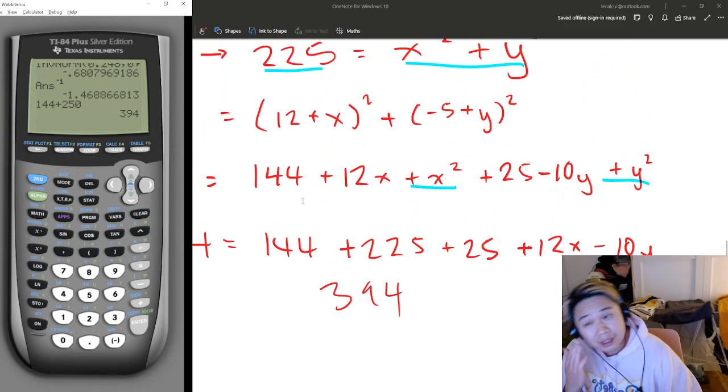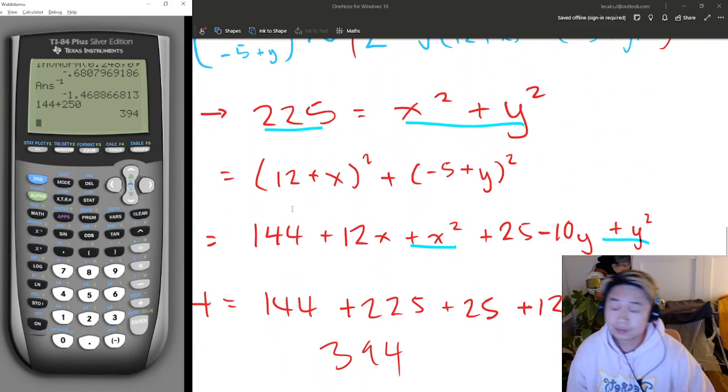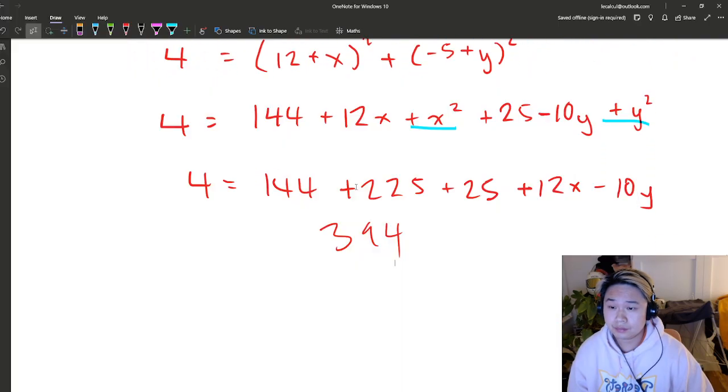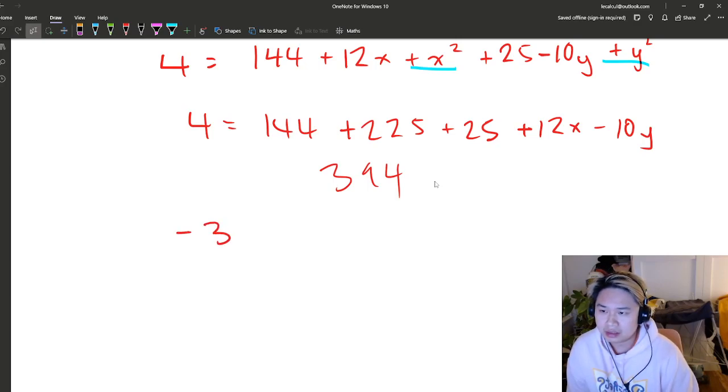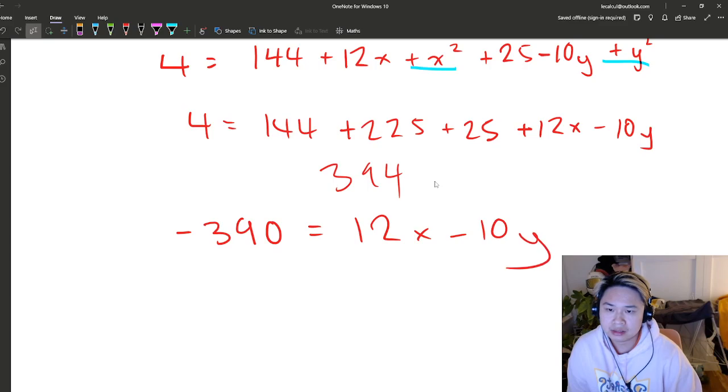I really hope my arithmetic is right. Oh well, okay, so then I guess this means that negative 390 is equal to 12x minus 10y.